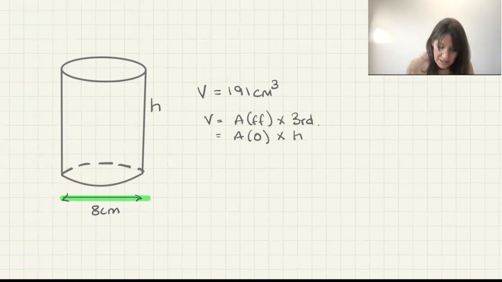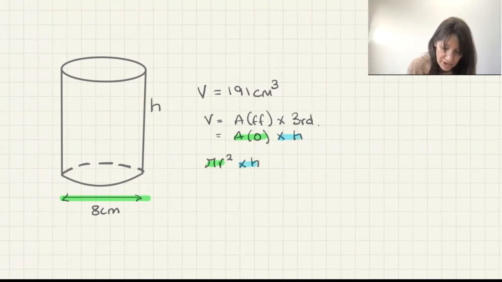Okay, so I'm going to rewrite this so it looks a little bit different. So we're going to be doing pi r squared. So that is that bit there, written there, times by H, which is making that third length. So that's that bit there.